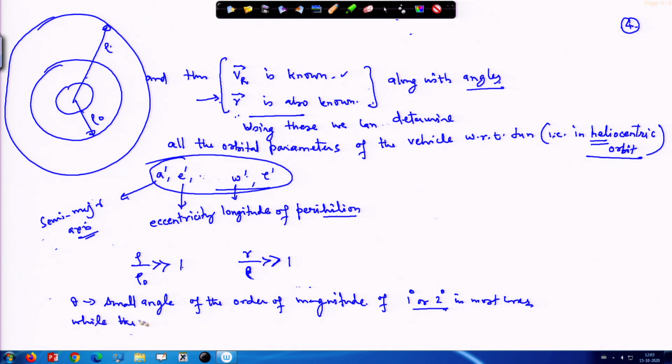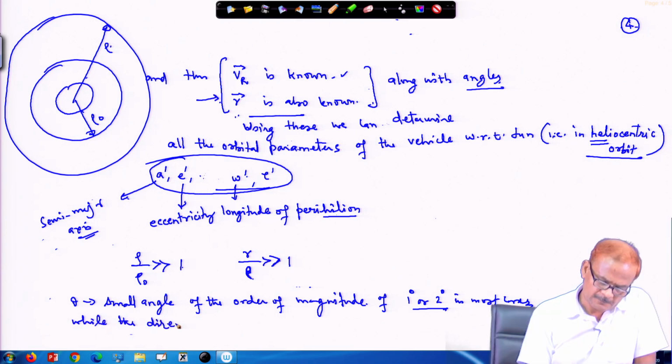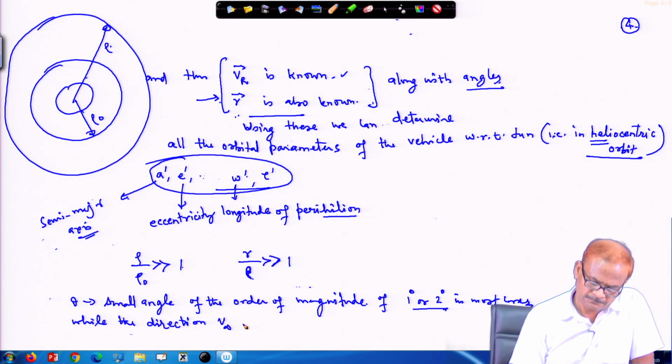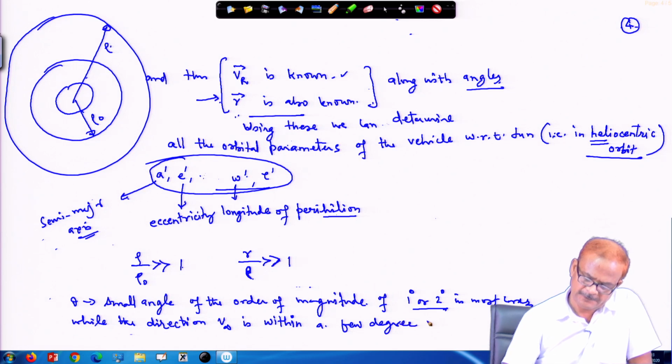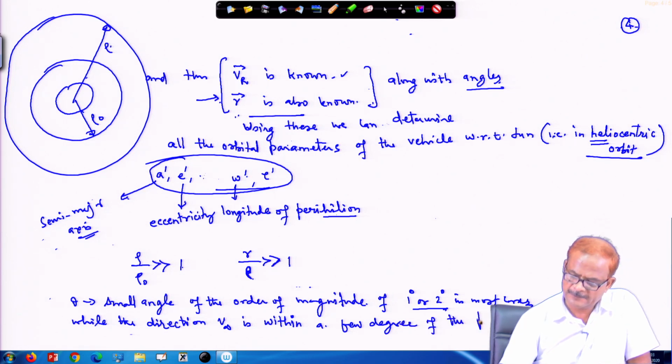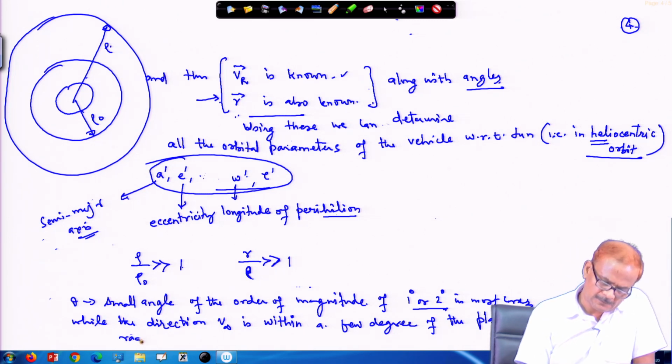While the direction of V infinity is within a few degrees of the planetocentric radius vector.